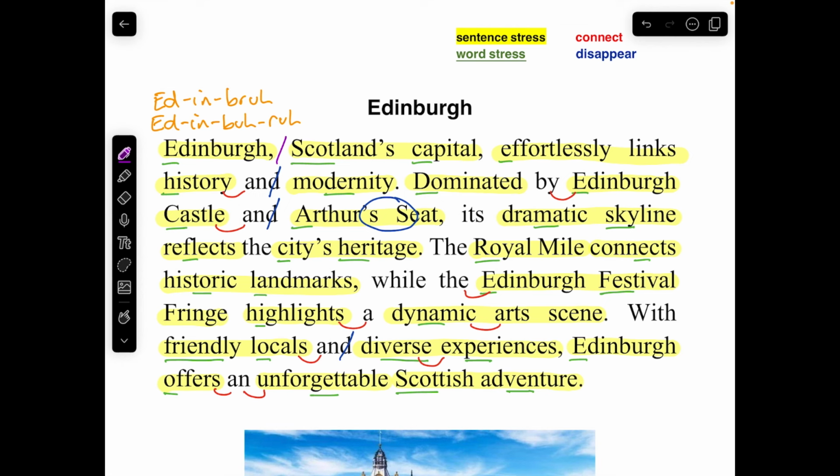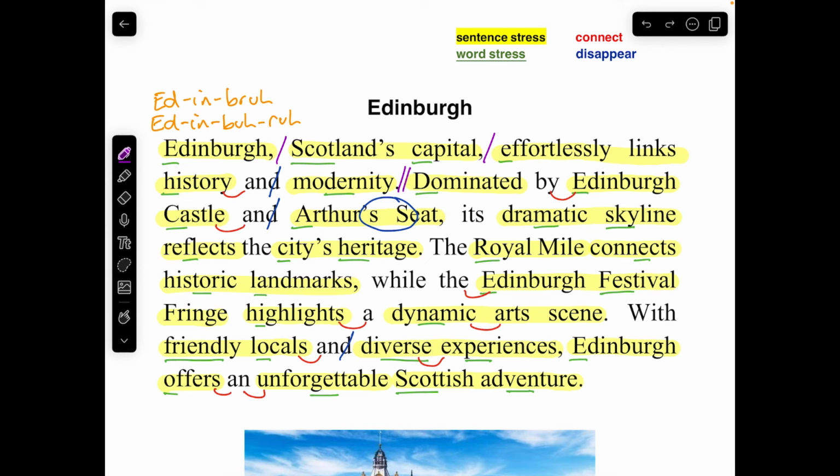Next, I'm going to tell you where the pauses are. This is going to make your speech much more clear and easy for native speakers to understand. I'm going to put one line for a short pause and a double line for a longer pause. Let's take a look. Edinburgh, Scotland's capital, effortlessly links history and modernity.